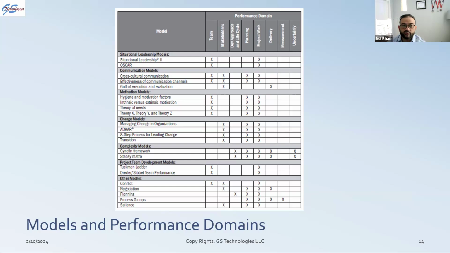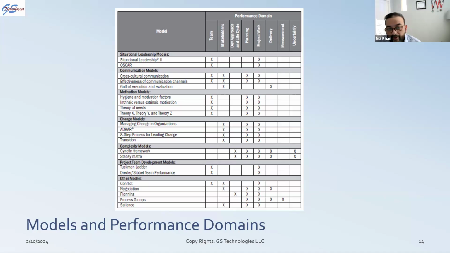I just wanted to show you which performance domain each one of them is effective in. A possible question could be, for example, in which performance domains the OSCAR model is effective. So you can say it's project work and team. That's where it is.